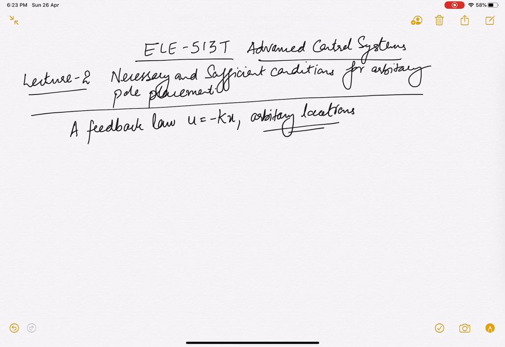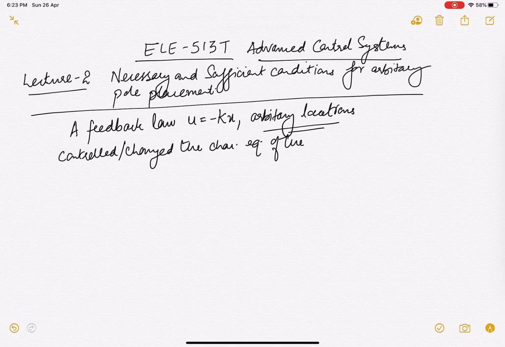Because we could change the characteristic equation of the plant that we were trying to control. So this is why state feedback is also called arbitrary pole placement.